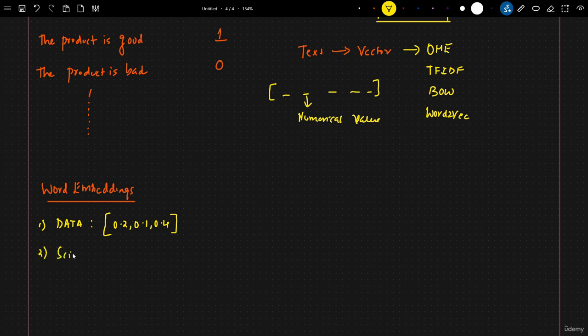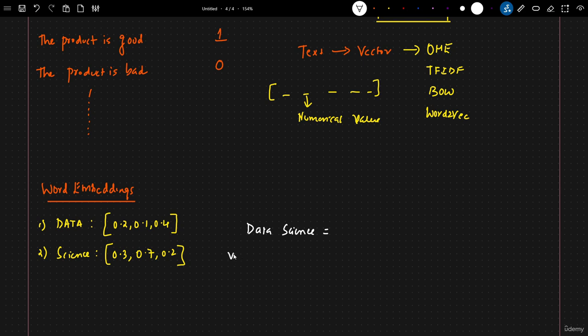Let's consider there is another word called science, as in data science. Let's represent these words as vectors. Now, if I combine data science together, this entire vector will change.